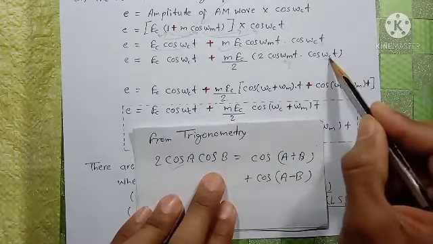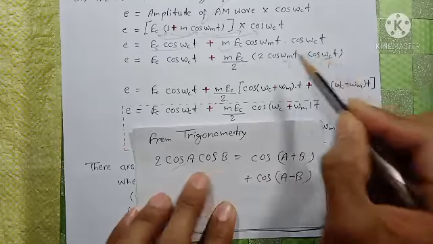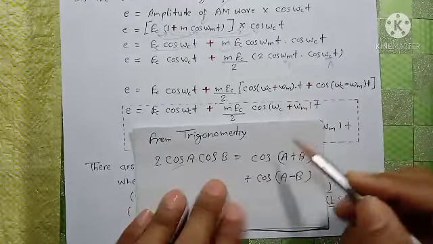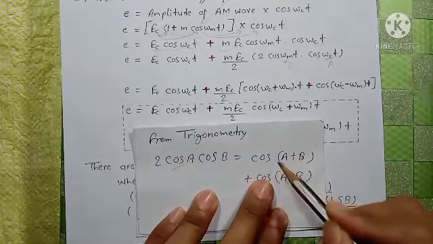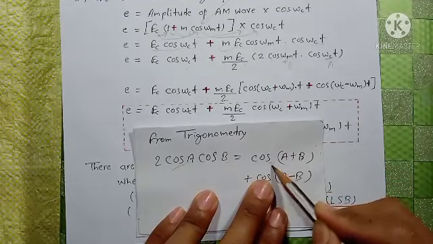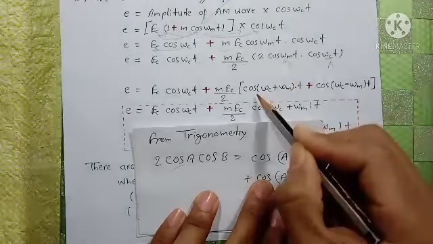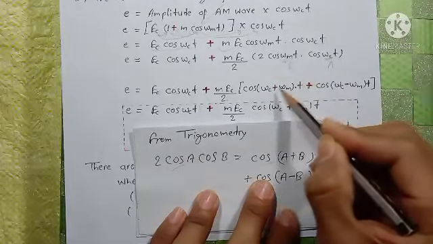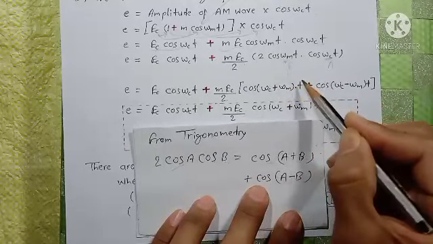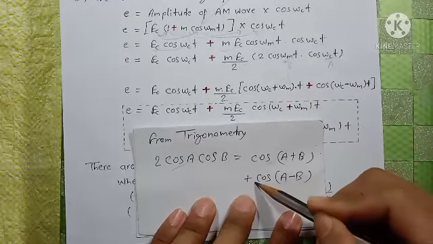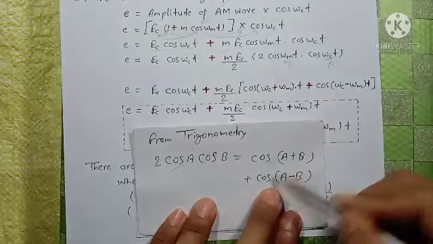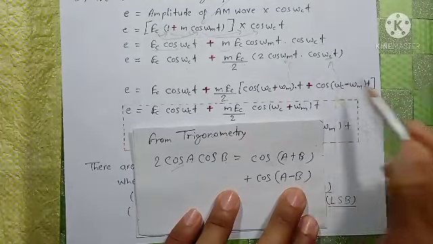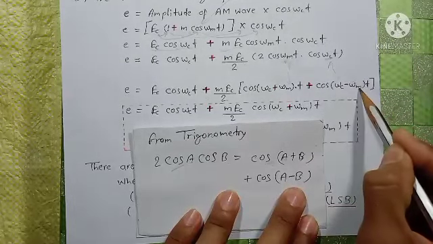Here omega c is the value of a, and omega m is the value of b, and we will write the first term as cos (a plus b), and plus cos (a minus b).